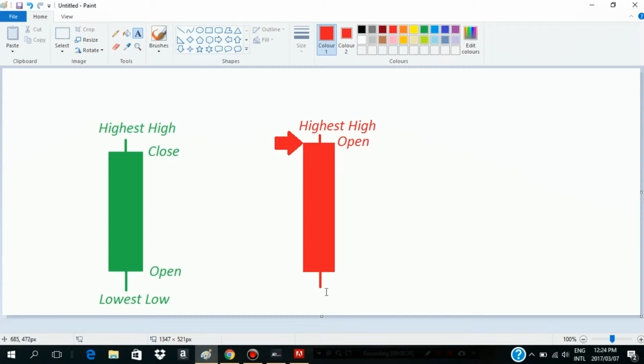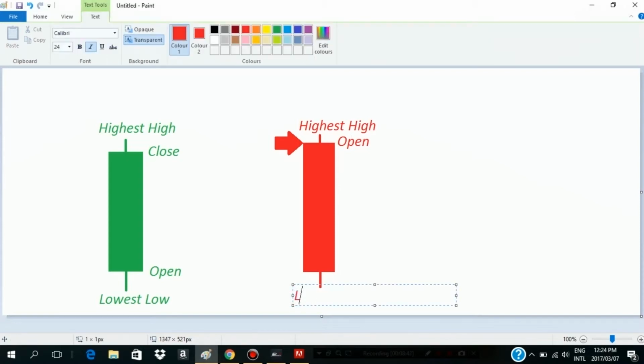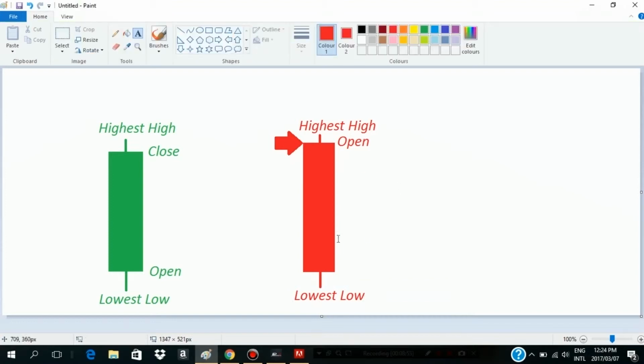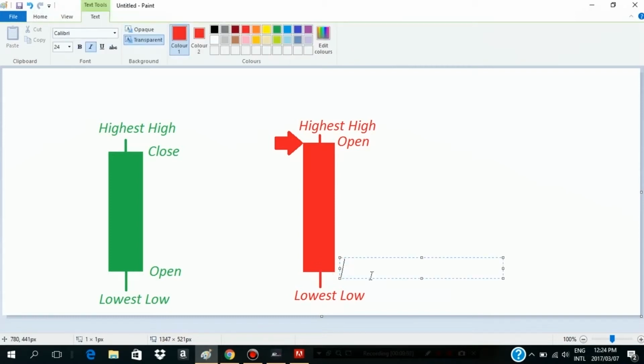Once it reaches the bottom, it turns around and goes back. So this point at the bottom here is your lowest low. It is the lowest point price has been to within that 1 minute. And as price is moving up, 60 seconds is up, so your candlestick closes.